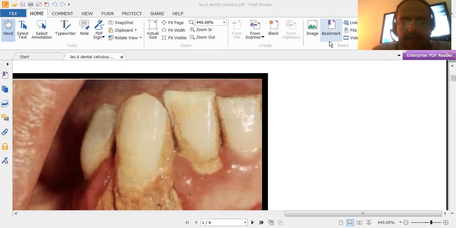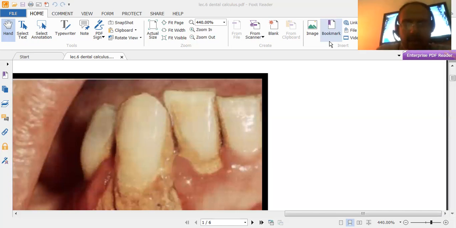Calculus represents a predisposing factor for plaque accumulation. It is either supragingival calculus, when it's located coronal to the gingival margin, the visible clinical crown, or subgingival, when the calculus is present apically to the gingival margin, in the gingival sulcus or periodontal pockets.